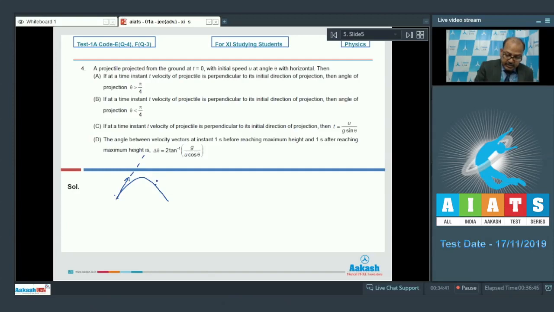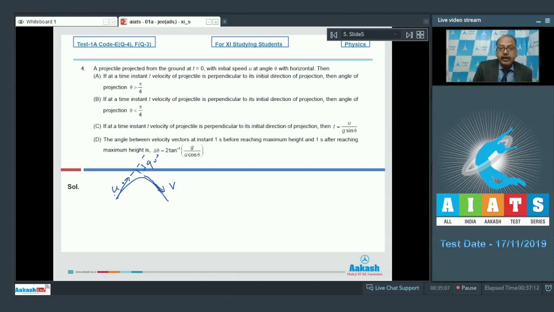That means somewhere it is here like this, and a tangent to this path, this angle is 90 degree. So here is velocity, let's say v, and initial speed was u. Now this velocity is perpendicular to initial velocity.